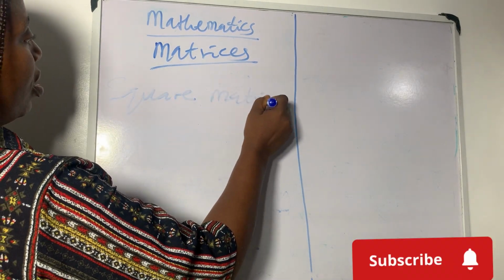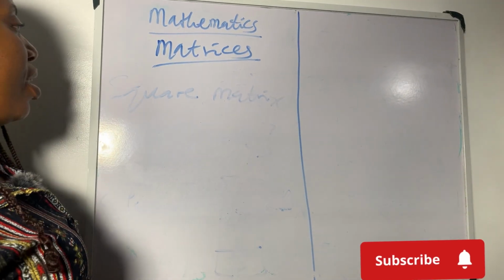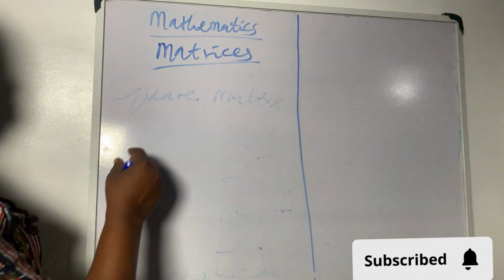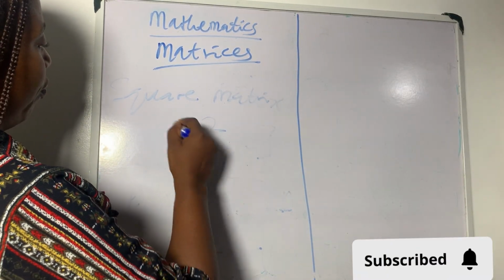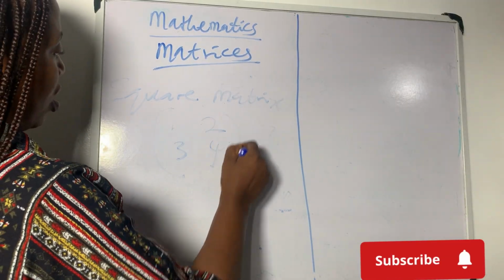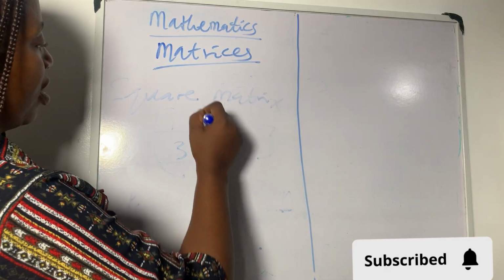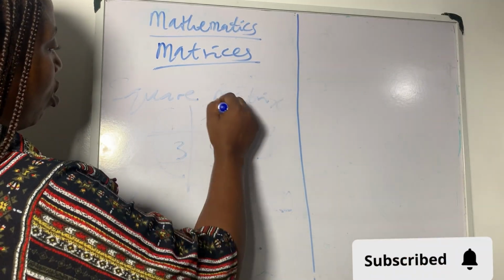Square matrix: a matrix is said to be a square matrix if both the row and the columns are equal. For example, 1, 2, 3, and 4 is a square matrix because we have equal number of rows and columns. Here we have 2 rows and 2 columns.